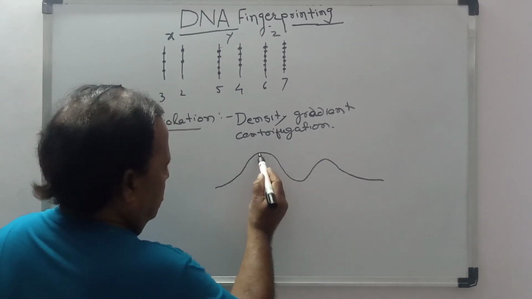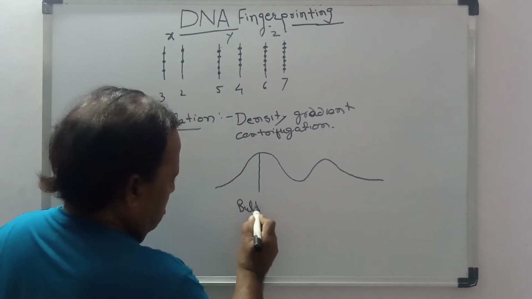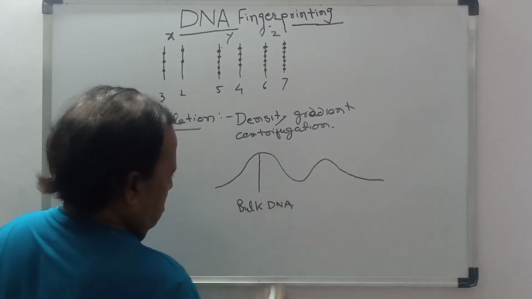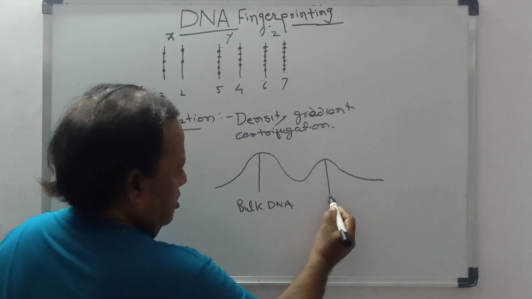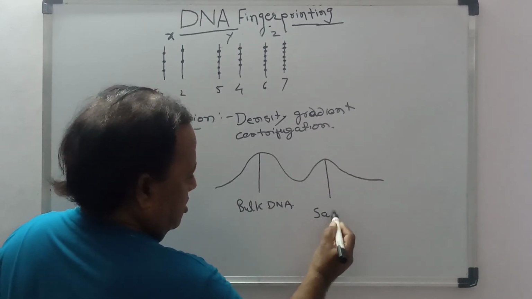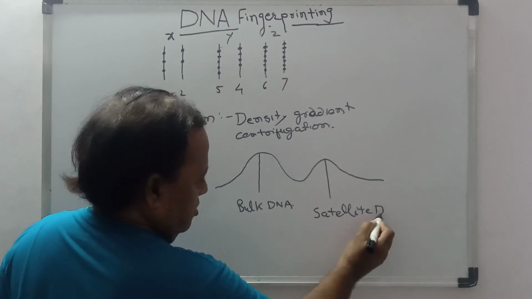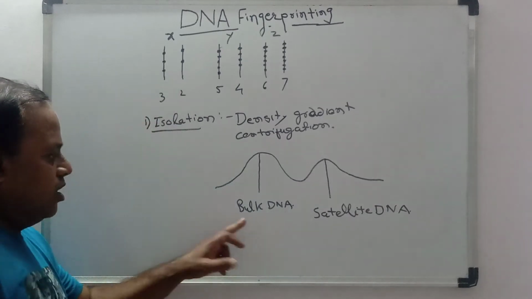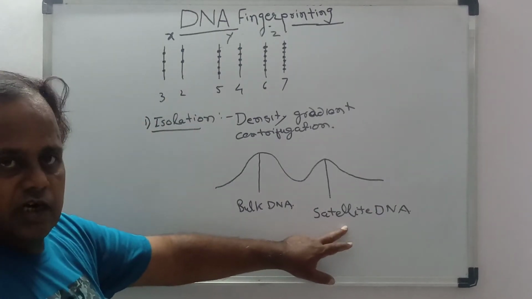This will be the peak for bulk DNA, and this is called satellite DNA. This bulk DNA is of no use for us. We shall use satellite DNA.